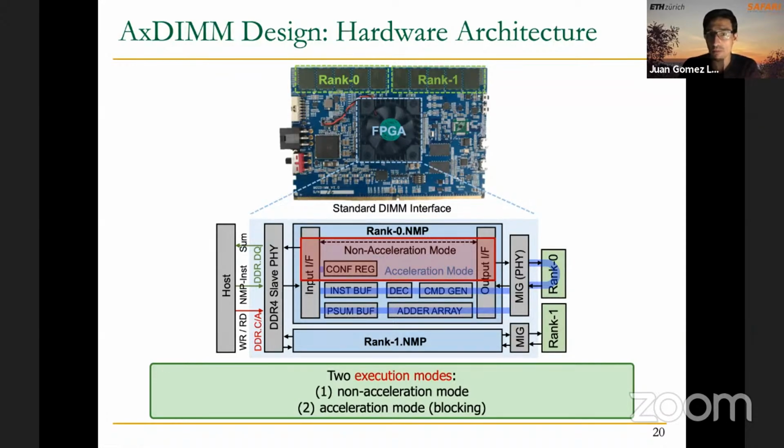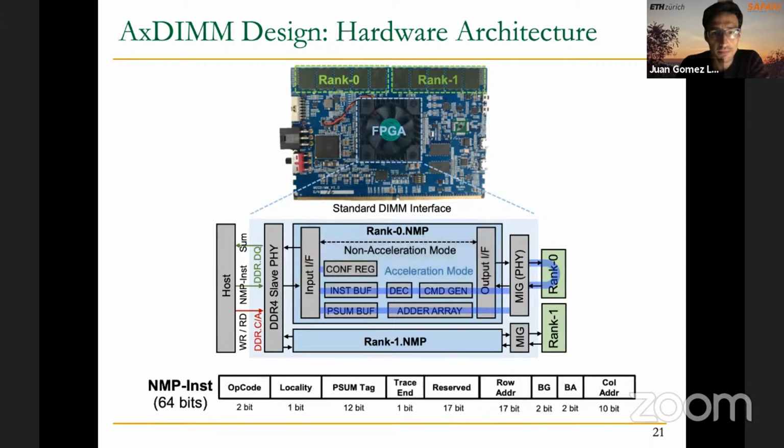In the UPMEM-based PIM system, we also have the host CPU having access to the MRAM banks of the DPUs at the very beginning of the program or at the end of the program. But while the DPU is executing the corresponding processing-in-memory kernel, the CPU cannot access the MRAM banks in the case of the DPU, the UPMEM system.